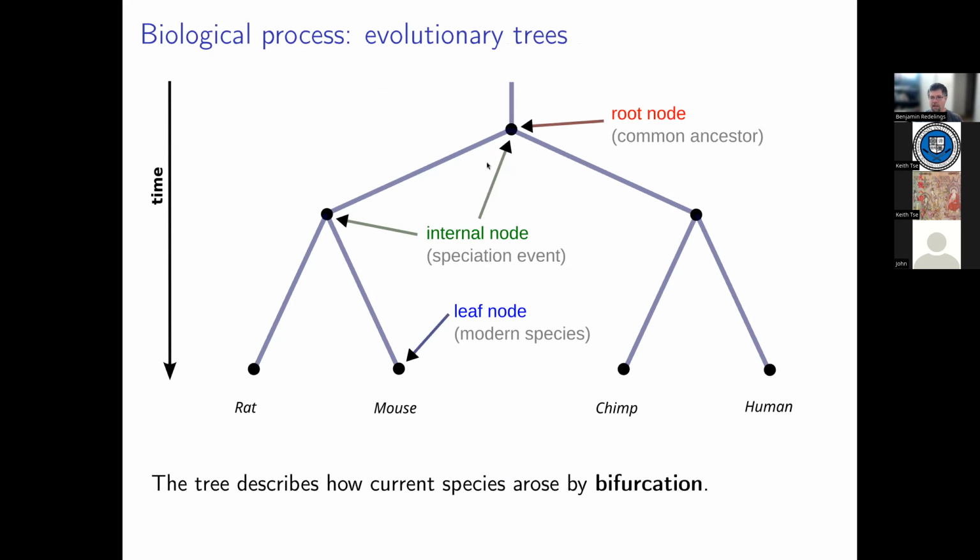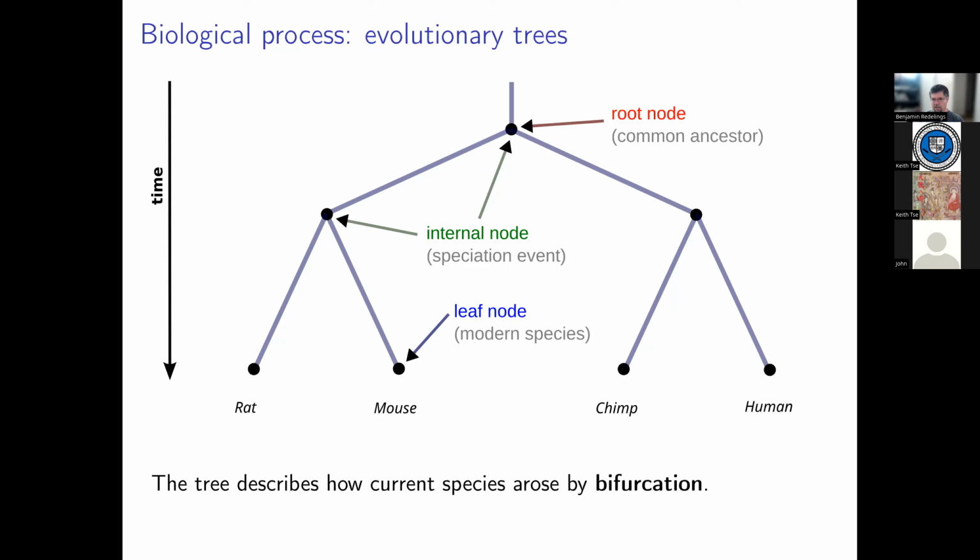Okay, so now let's talk about the biological process that creates our sequences, the DNA sequences. So this is an evolutionary tree. I've labeled the nodes on the tree, or vertices, with black circles. The vertices at the bottom represent existing species, rat, mouse, chimp, and human, and we call these leaf nodes or tip nodes.